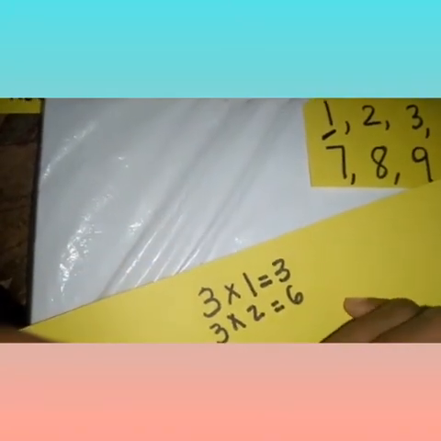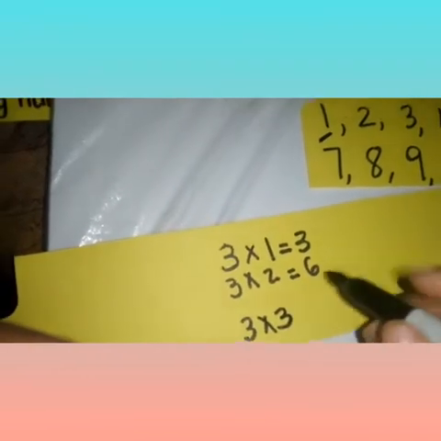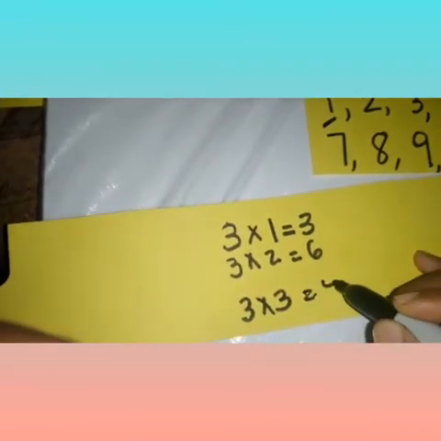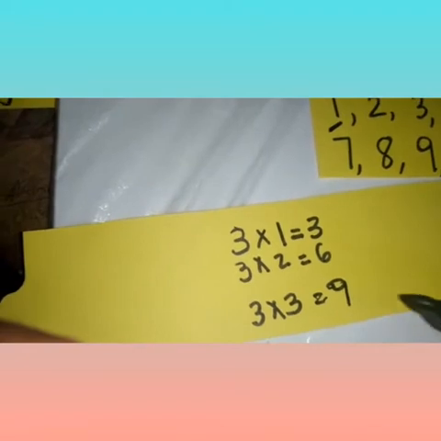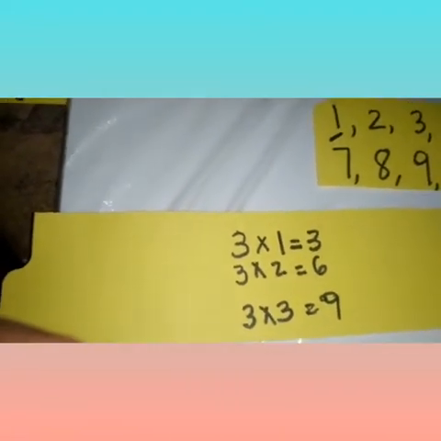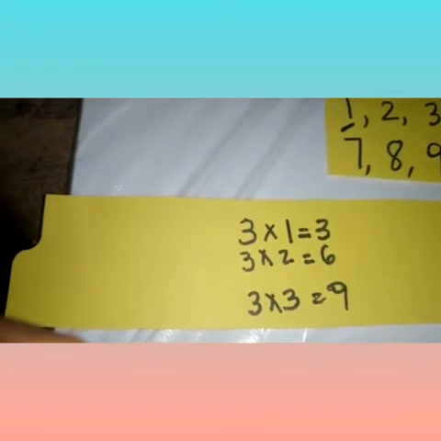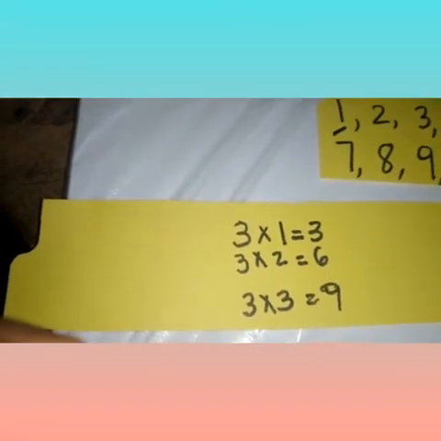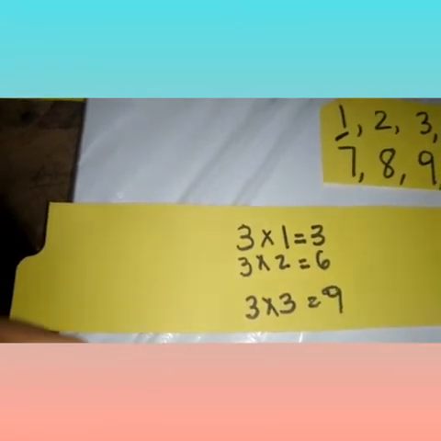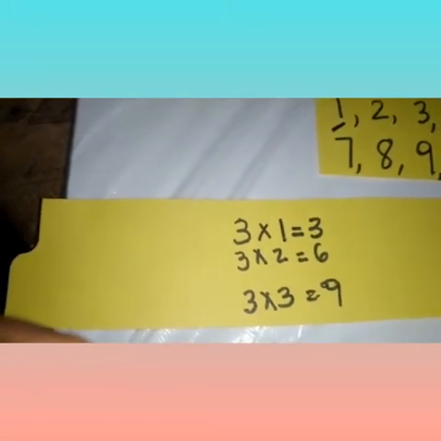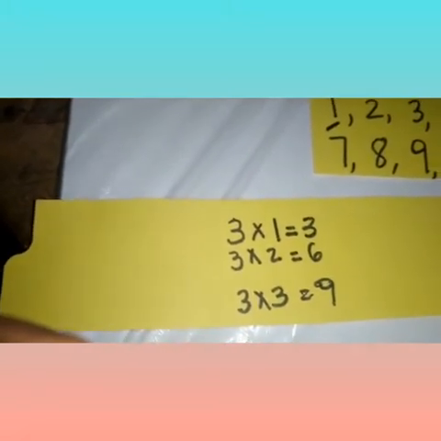So it's going to be 3 multiplied by 3, which is equal to 9. Alright, so that is how you find the multiples of a given number. You just multiply the number that you get by the counting numbers.